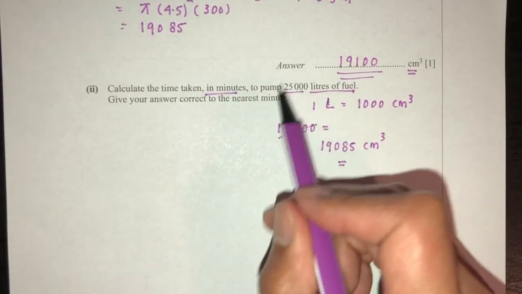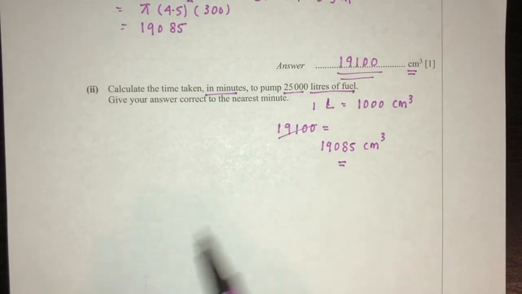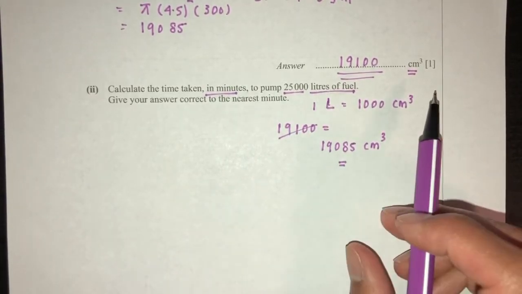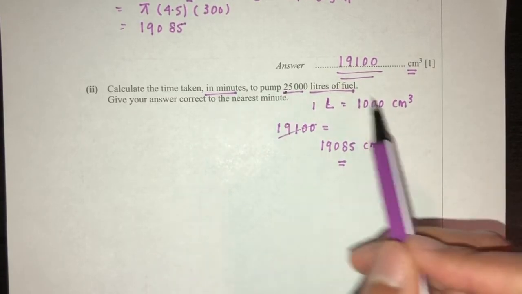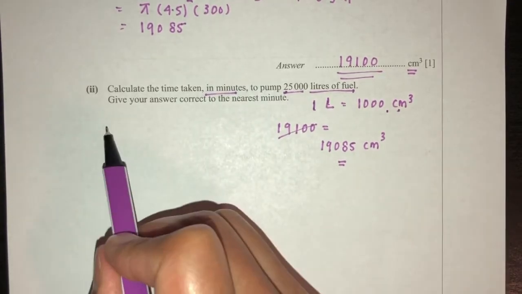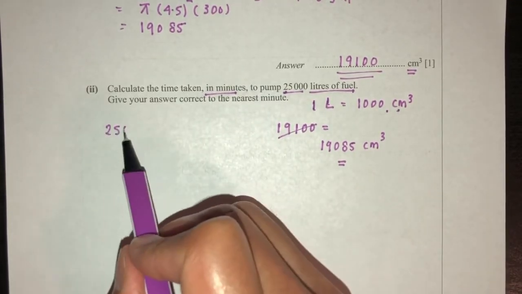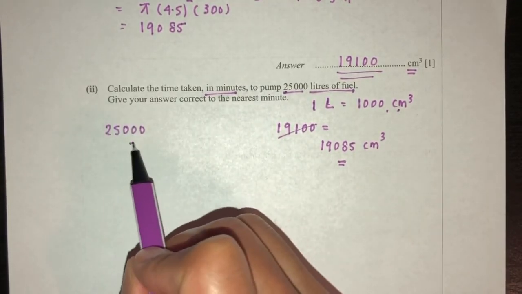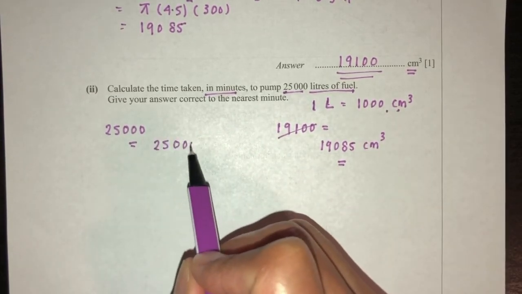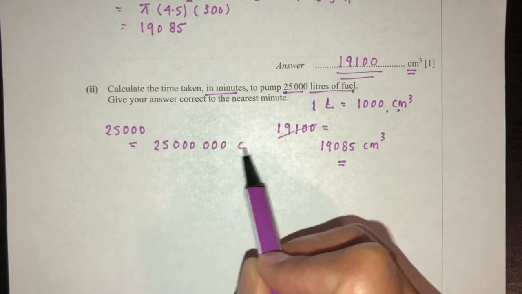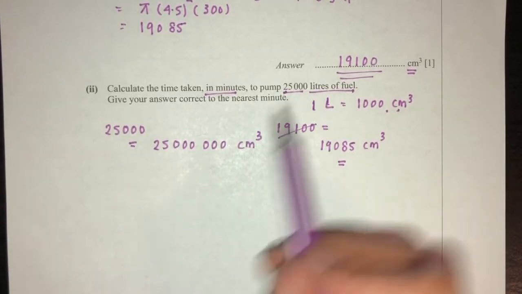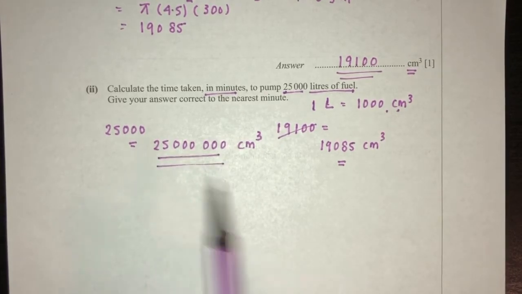Here we have 25,000 liters. First we have to convert this to centimeter cube. So 1 liter is this much, so 25,000 times this much, you will have 25 million centimeter cube. So by converting this, we have this much we need to pump.